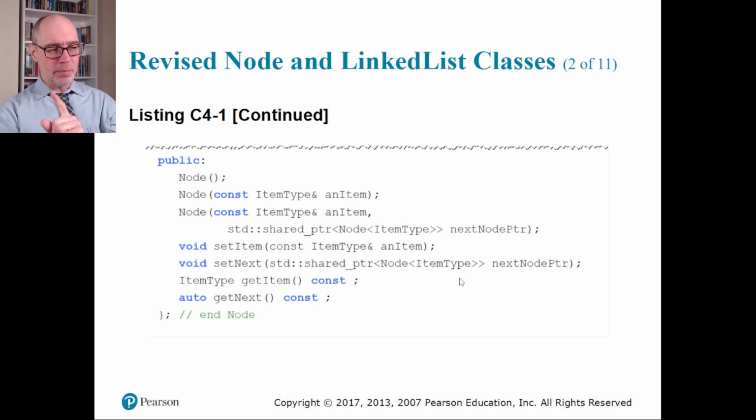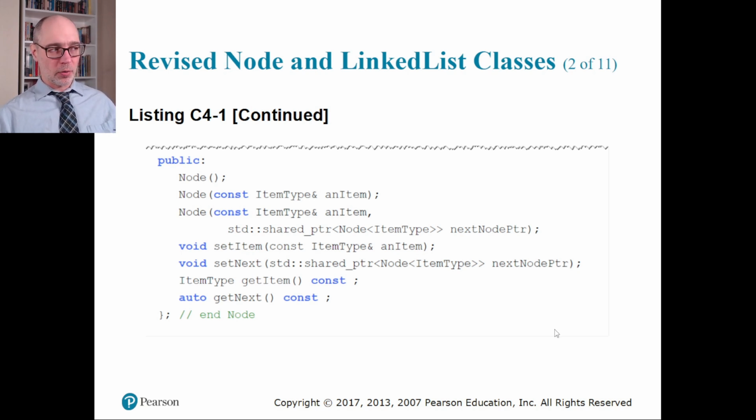And then the mutator to change the next thing in the list, that's also going to be a shared pointer. So basically any place that used to be, let me be careful about this, a node of item type pointer now becomes a shared pointer for a node of item type. Okay, I think I got that right. Anyway, it's mostly just a copy paste operation. So there's that. That's maybe obvious.